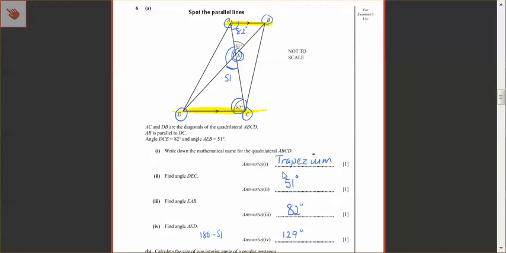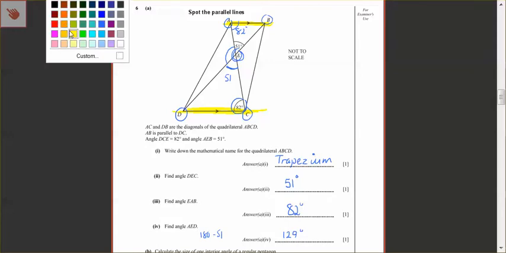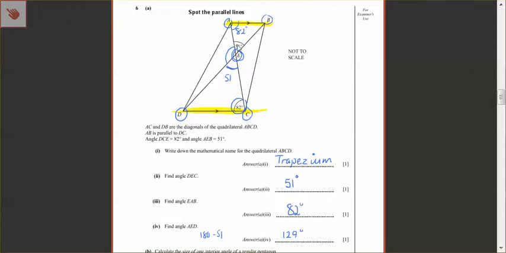Why is it 180? Because look, those two angles lie on a straight line, so they must add up to 180 degrees.